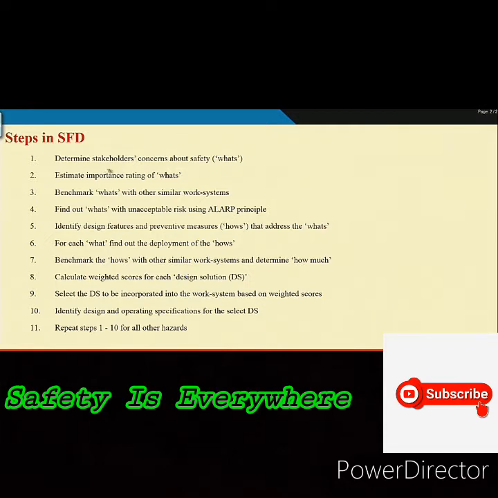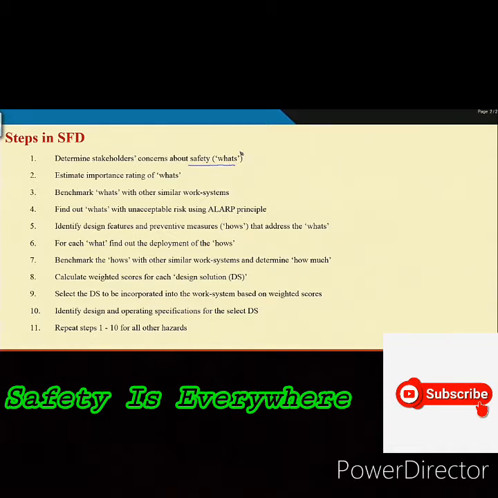So, our first step is to determine stakeholder concerns about safety. So, who are the stakeholders? Everybody involved in the system, like the workers or employees, the management, the union, the supplier, everybody who is one way or other connected with the system, they are stakeholders. So, what is their concern?